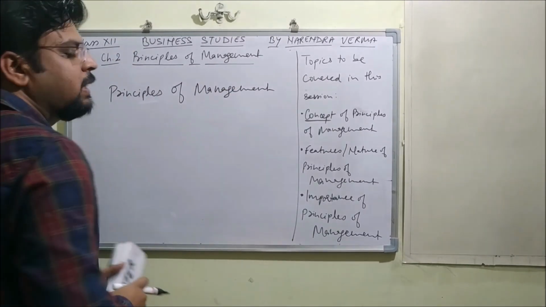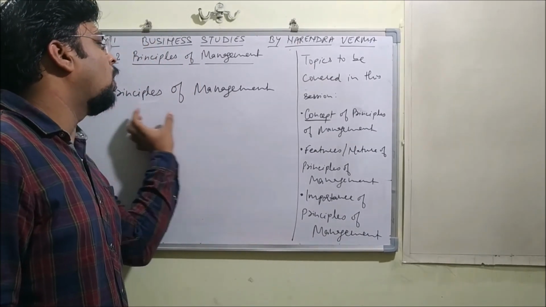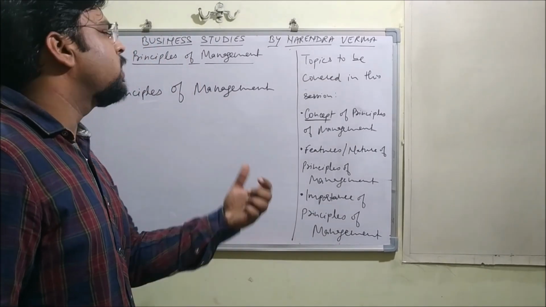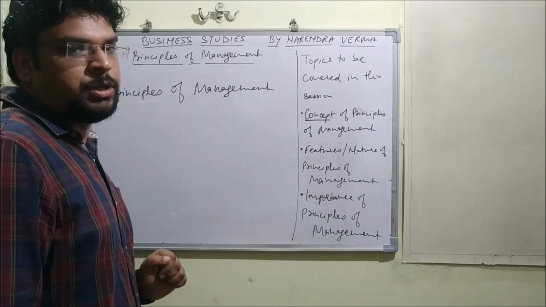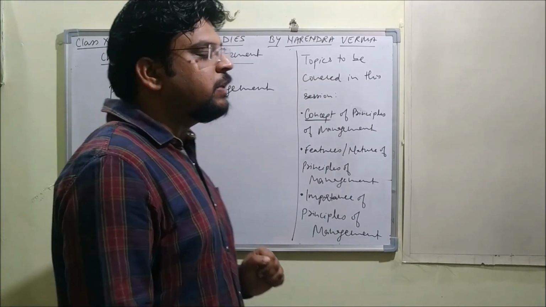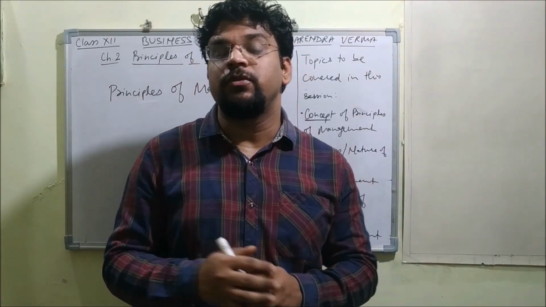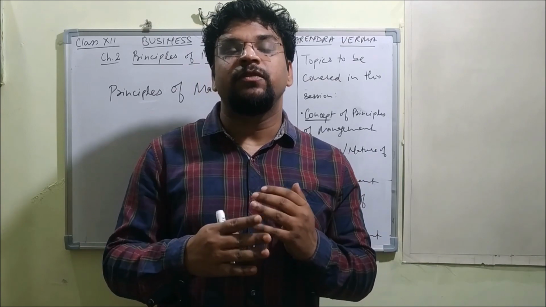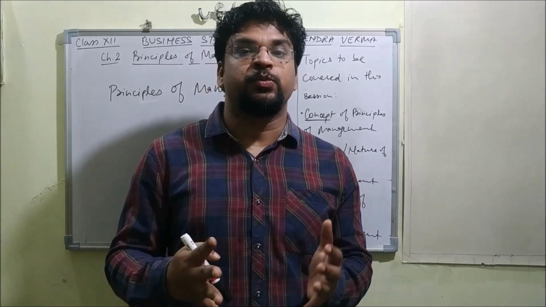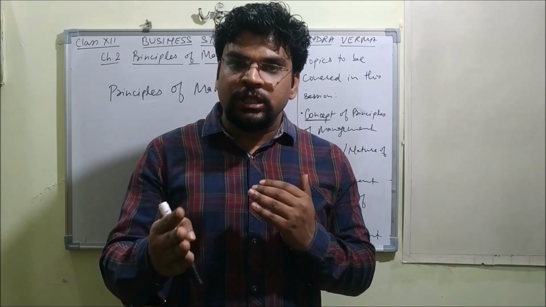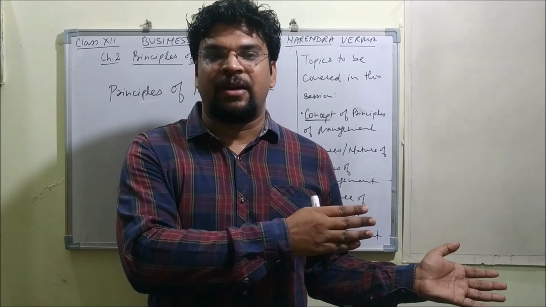So now you can understand these are the general laws of management, or you can name them general rules of management. Like we did in the first chapter, I would like to remind you about the nature of management when we were discussing it and comparing it with science, art, and profession. Then we were talking about management principles, right? So these are the same principles which we were talking about in the first chapter.